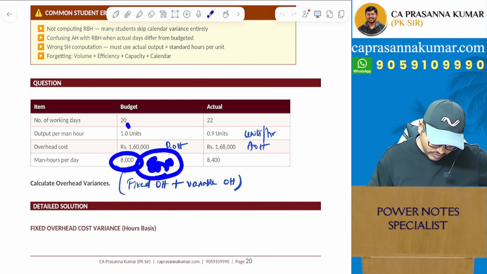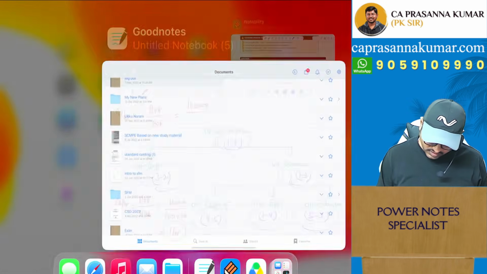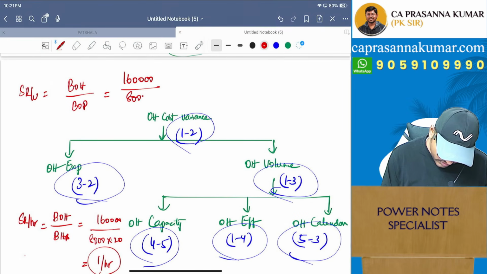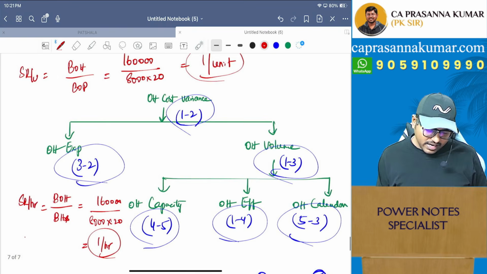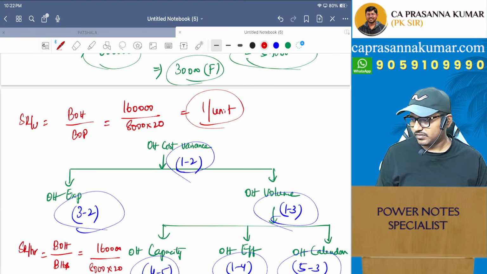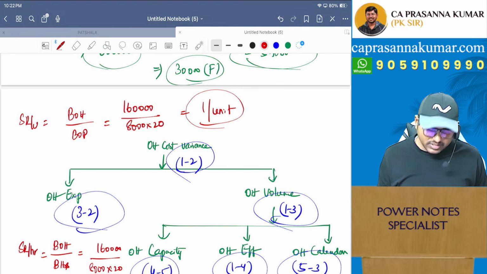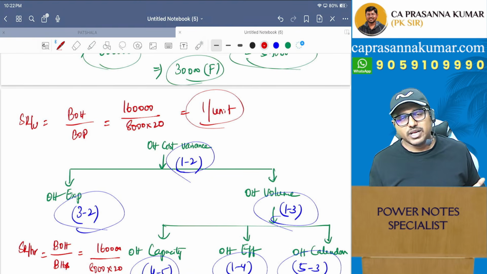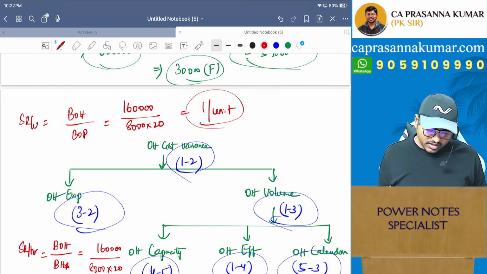Means 8,000 into 20. So it will also be the same rate, 1 rupee per unit. So standard rate per unit is 1. Standard rate per hour is also 1. The logic is very simple. 1 hour, 1 unit. That's all. So however many hours there are, that many units will be there. Therefore, rate per hour and rate per unit are both the same.